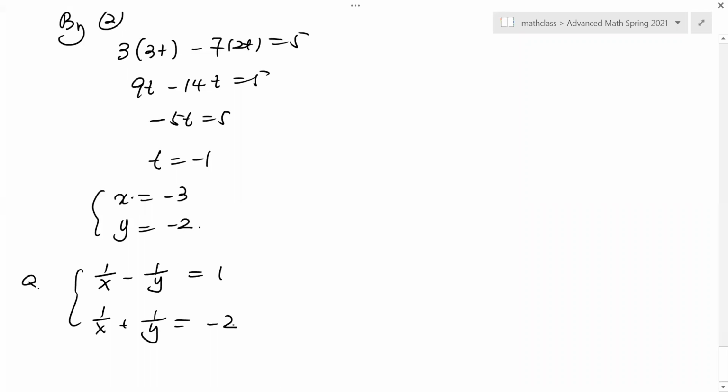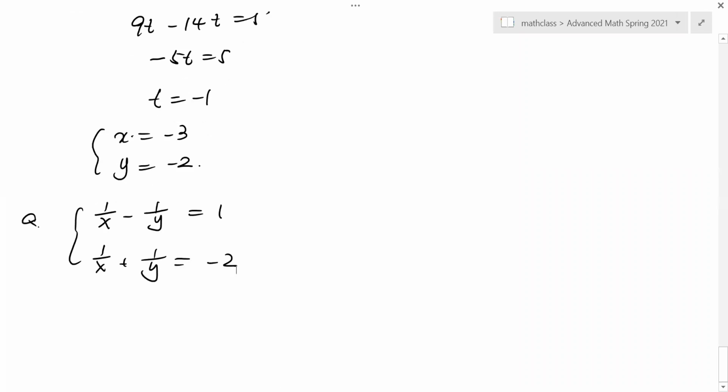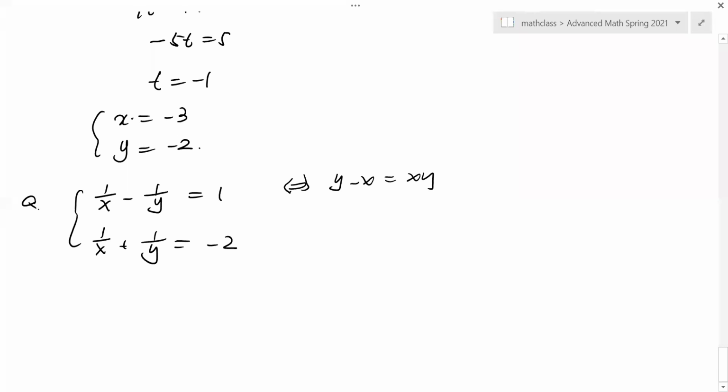No matter how you modify these two equations, they will never be linear in x and y. For example, this equation looks like y minus x equals x times y. It's not a linear equation, because there's x times y here.